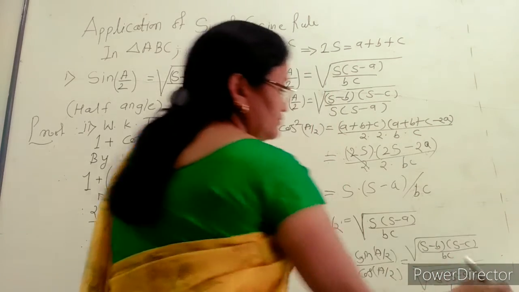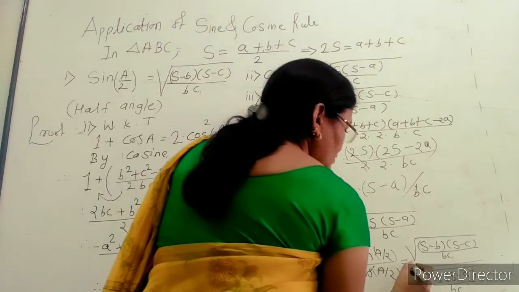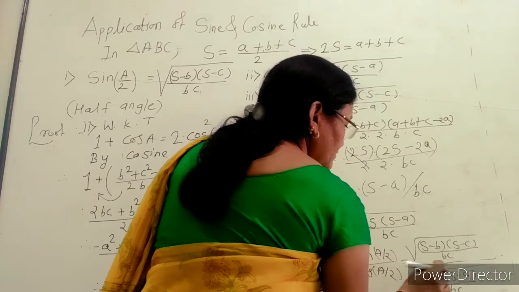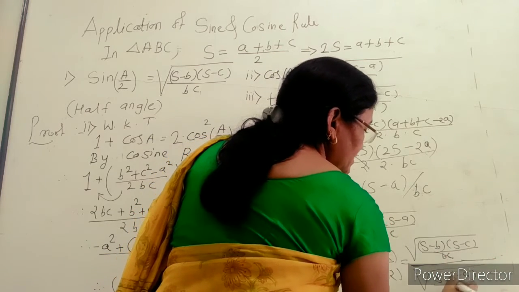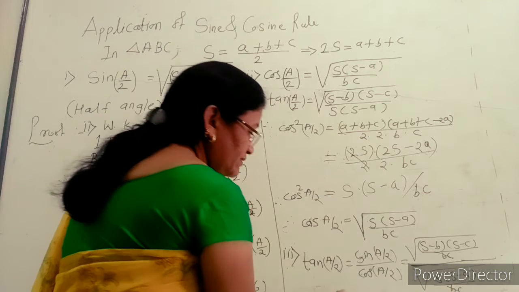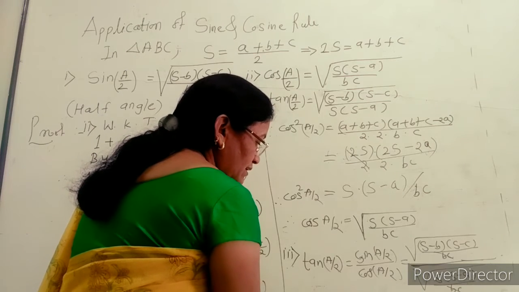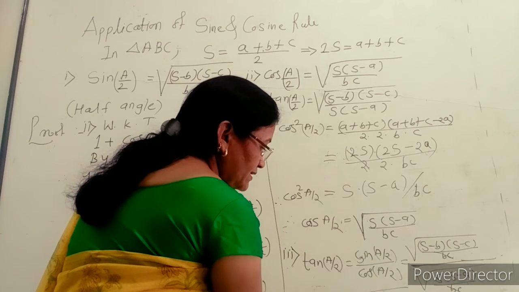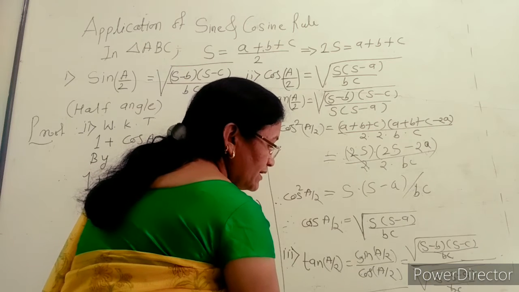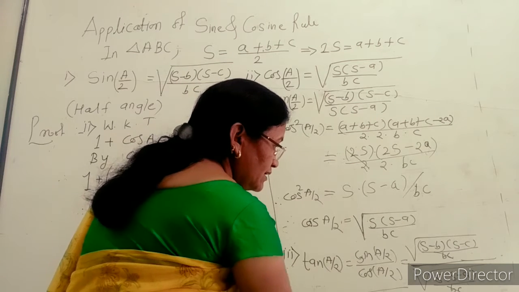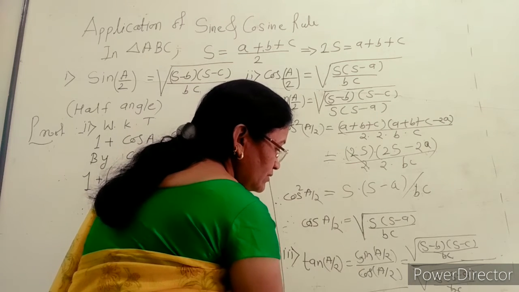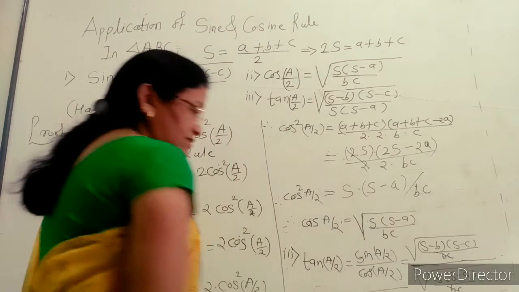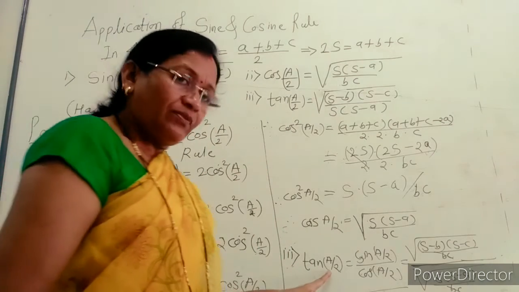Now for this division of two terms, both have the same denominator under the root, so the division is nothing but under root of s minus b, s minus c upon s into s minus a. This is the result for tan A by 2.